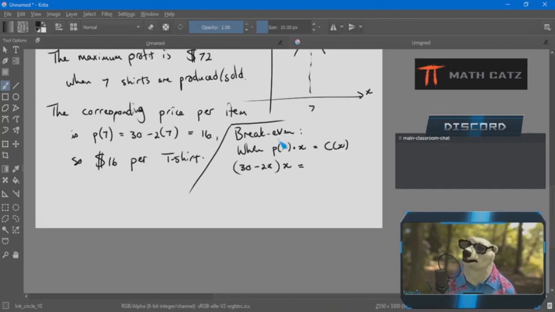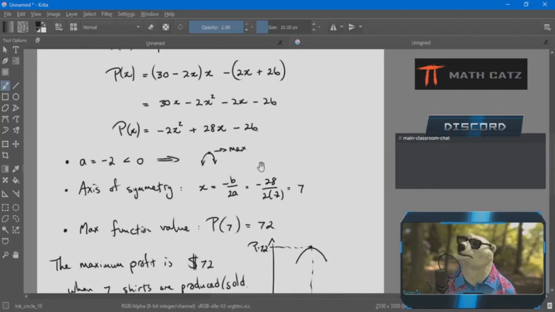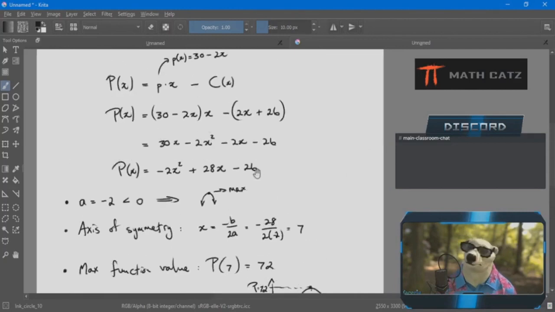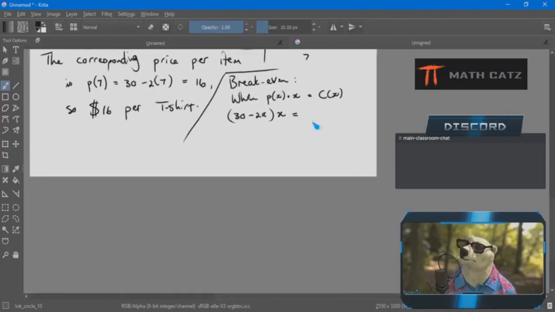What was the cost function? $2x plus 26. Maybe we can squeeze it in here. So then this is 30x minus 2x squared equals 2x plus 26.